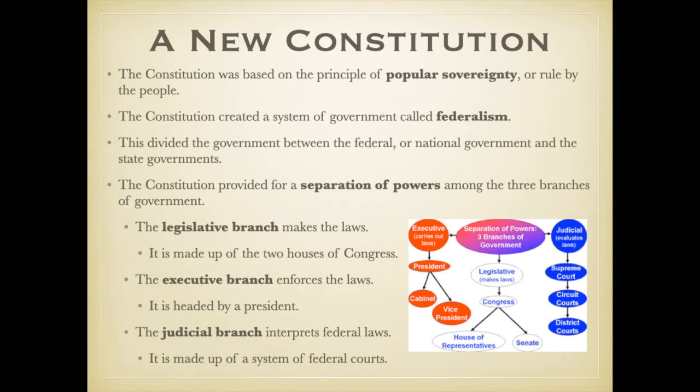The legislative branch makes the laws. It is made up of 2 houses of Congress. The executive branch enforces the laws. It is headed by a president. The judicial branch interprets federal laws. It is made up of a system of federal courts.